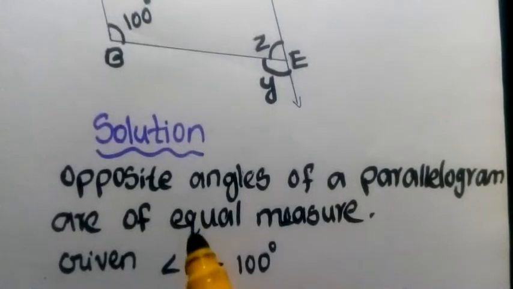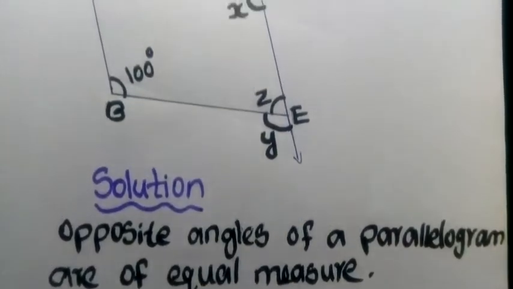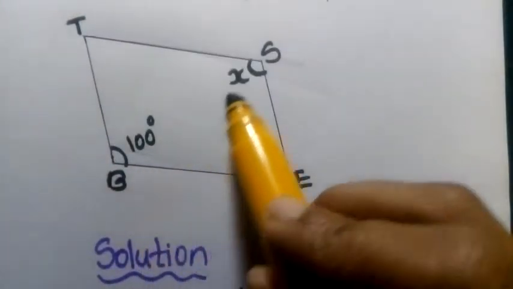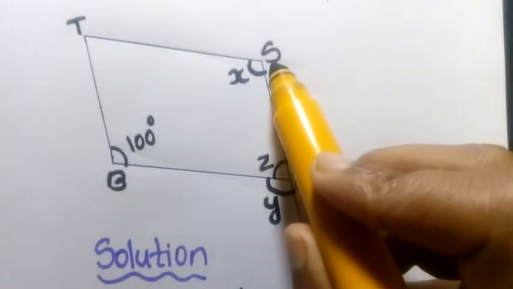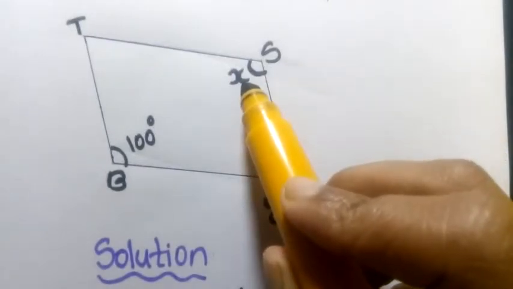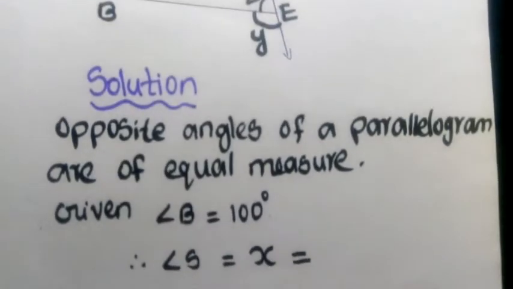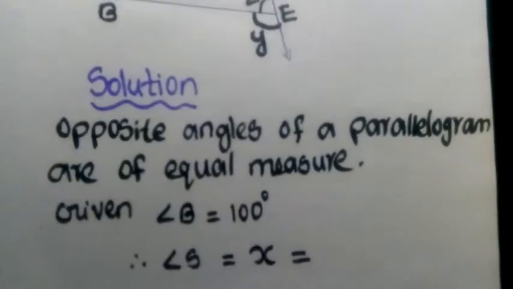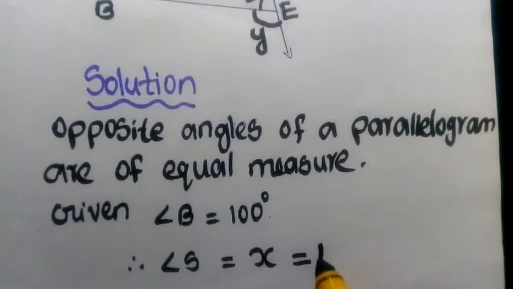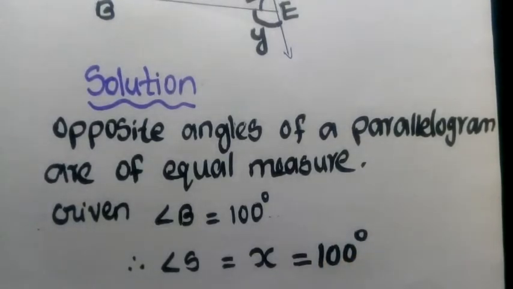Given angle B is equal to 100 degrees. Angle S is given as X. So X is also equal to 100 degrees. Therefore, X is equal to 100 degrees, because opposite angles are equal in a parallelogram.